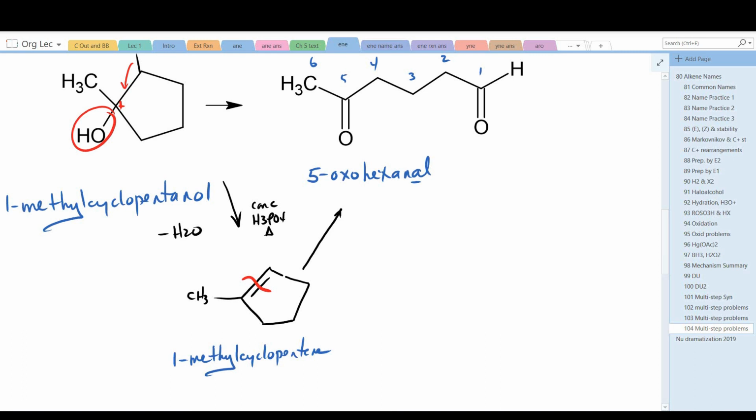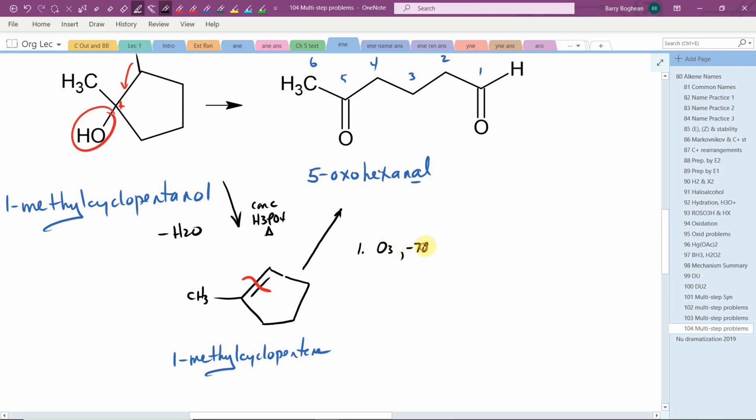If you recall, a 2-step process, ozone at minus 78 degrees C, that's the sublimation temperature of dry ice, in some kind of nonpolar solvent like dichloromethane, followed by zinc in acetic acid.